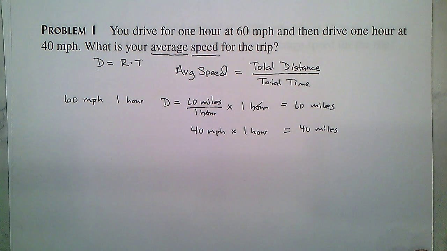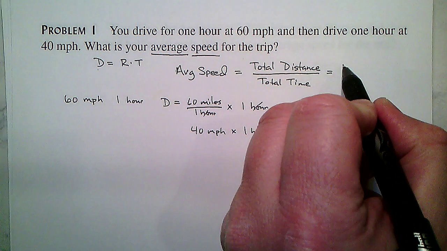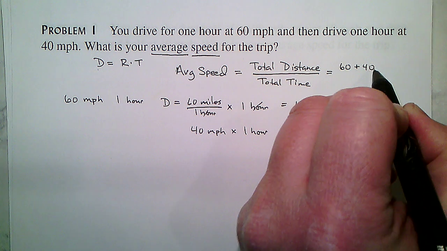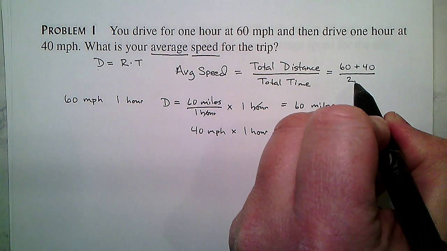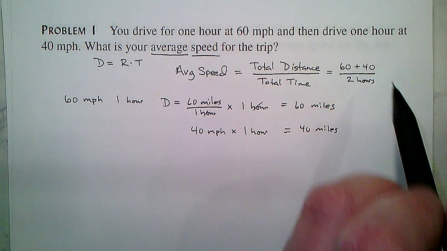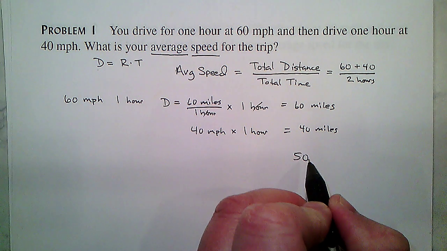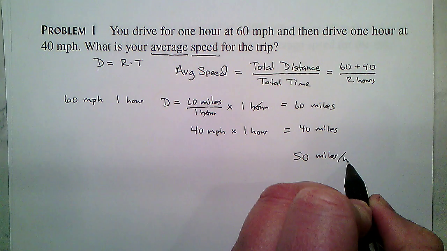So that means that the total distance is just 60 miles in the first hour plus 40 miles in the second hour, and that's over 2 hours. So of course 60 plus 40 is 100, so our answer is 100 divided by 2, or 50 miles per hour.